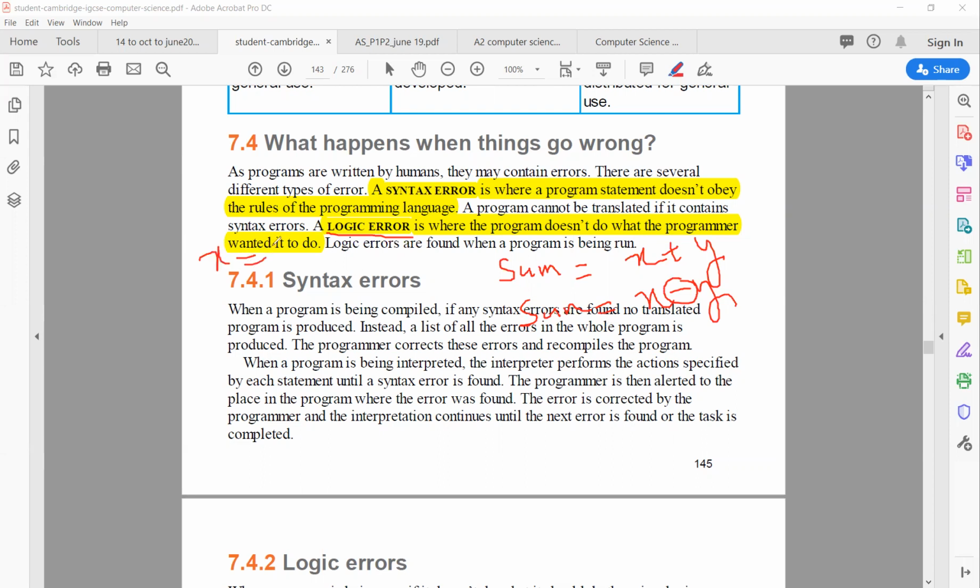Let's say x was 7 and y was 3. Actually, the user wanted the sum to equal 10. That was the user's expectation, while the answer was 4. So now the user will have to trace such an error by himself, because this was an error in the basic logic of the statement. So the result was not according to the programmer's expectations.